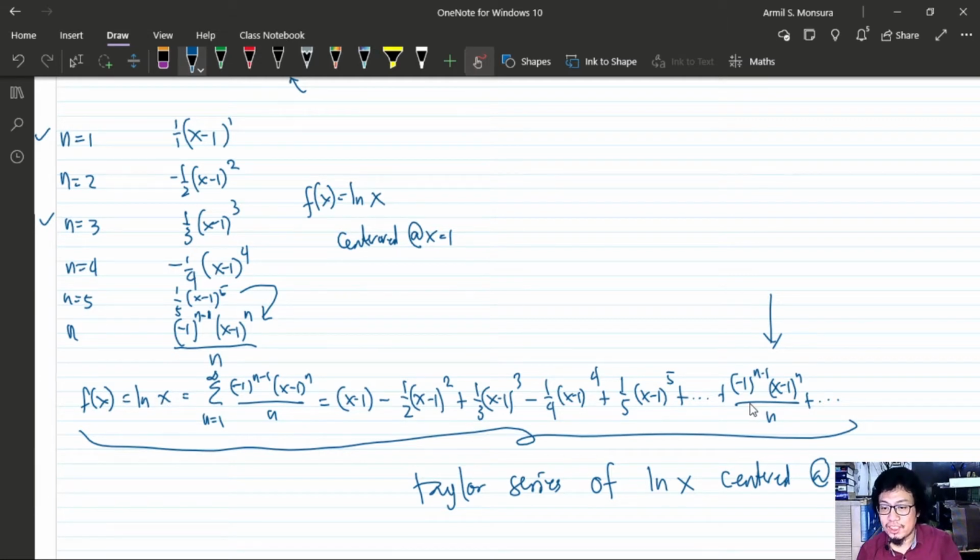So the first question is, is the series convergent? Number two, even if the series is convergent, is that series convergent to the function it represents? Those are the two questions that we need to address after writing your Taylor series, and we will have a discussion on that later on.